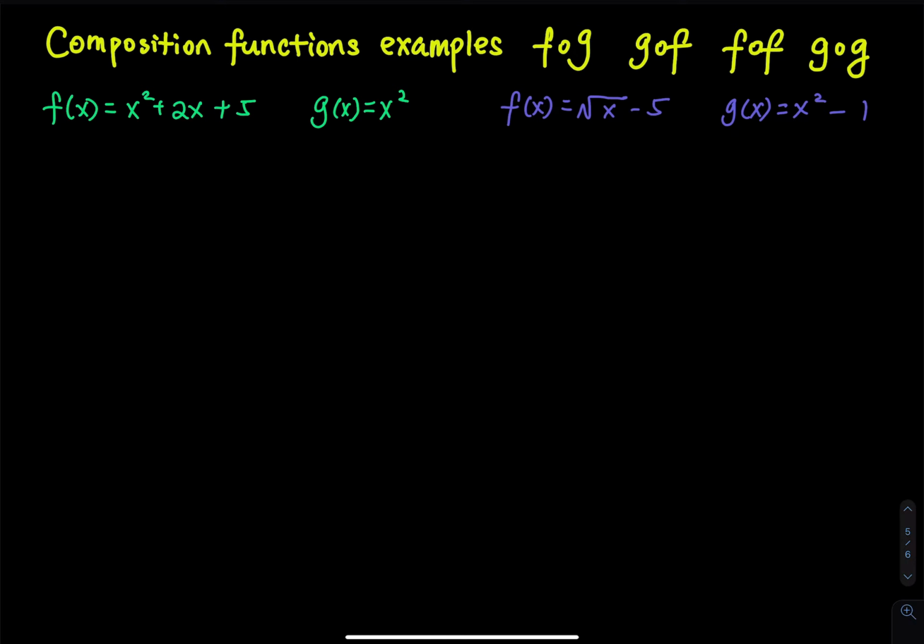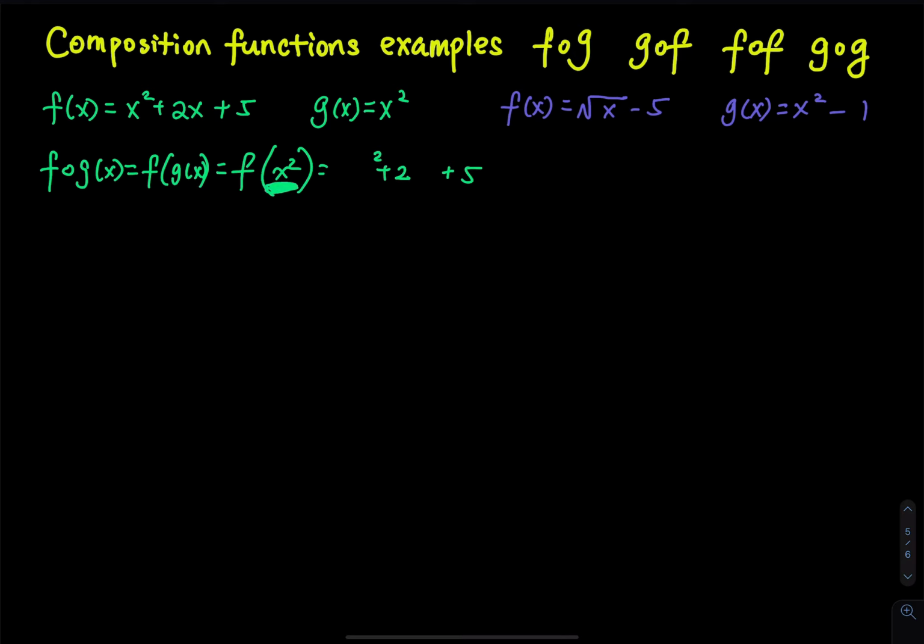Okay, so f of g of x is equal to f of g of x. So this is f, and then you put g in there. g of x is x squared, right? So for the function f, instead of having the independent variable squared plus 2 times the independent variable plus 5, you replace the x with x squared.